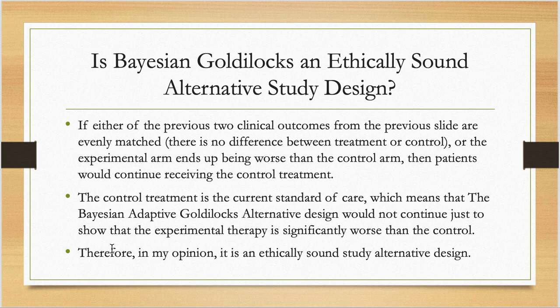And the control treatment is the current standard of care, which means that the Bayesian adaptive Goldilocks alternative design would not continue to just show the experimental therapy is significantly worse than the control. So therefore, in my opinion, it is an ethically sound alternative design. Nobody is being harmed.